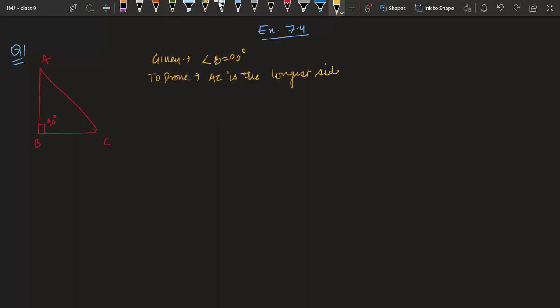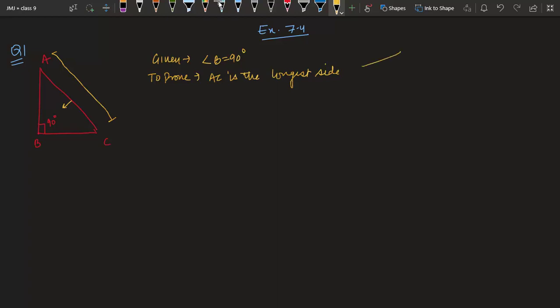Now to prove this, as per the theorems we have studied in inequality, if you want to prove any side longest or shortest, you have to look for its opposite angle. If you look at side AC, you can see the angle opposite to it is angle B. So if somehow you prove angle B is the largest angle, that it is more than both angle A and angle C, we can say AC is the longest side.